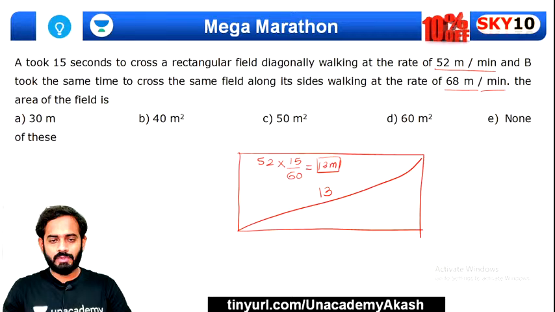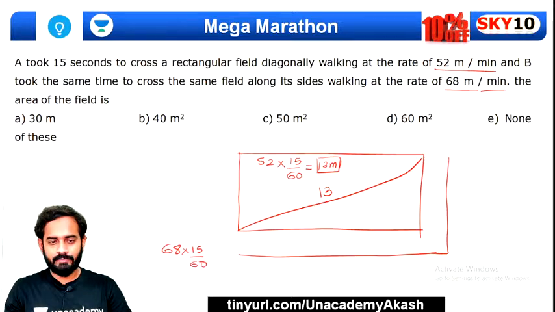Okay. So when the person was traveling along these sides, the distance covered will be what? The speed of this person was 68 meter per minute multiplied by 15 by 60. So 1 by 4, 17 meters is the total distance.